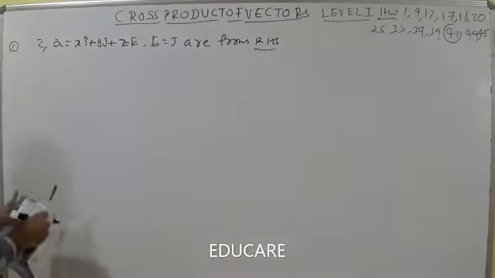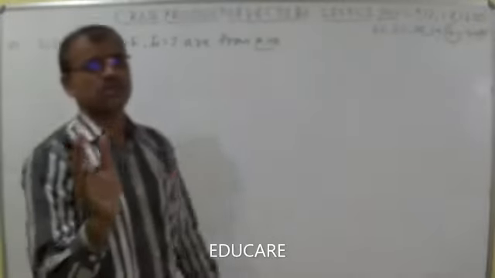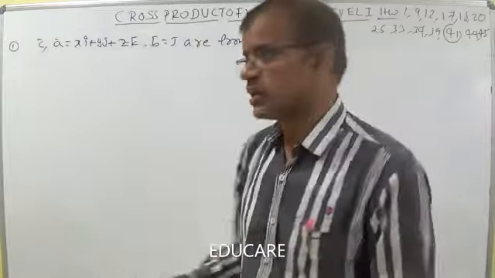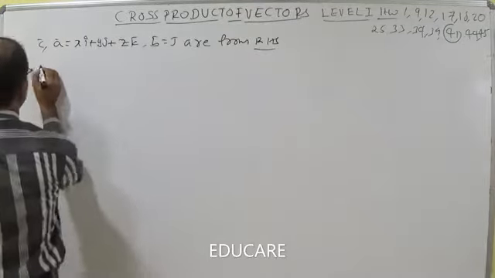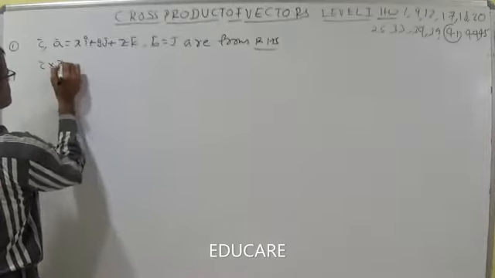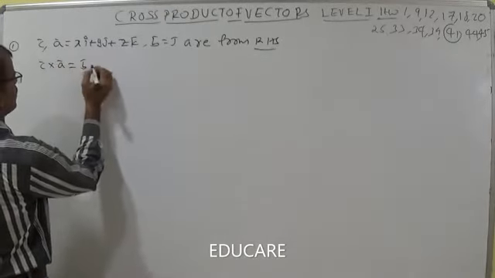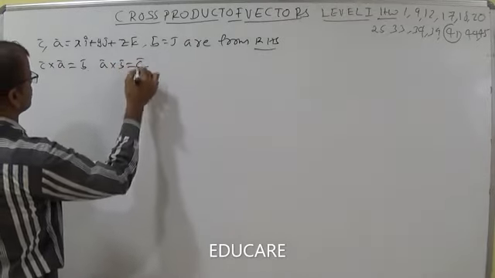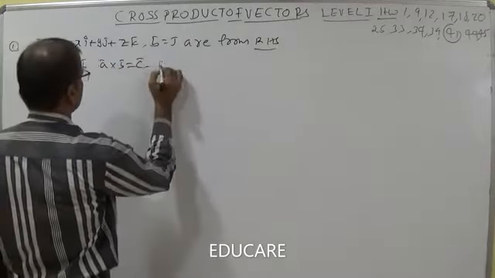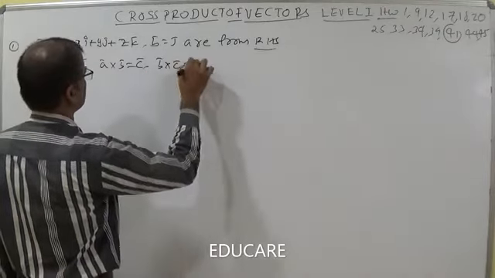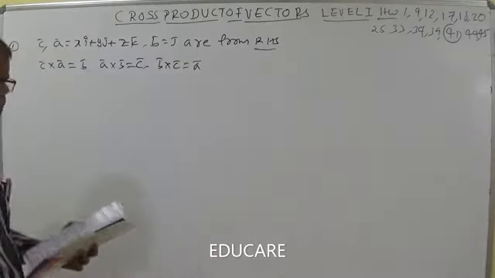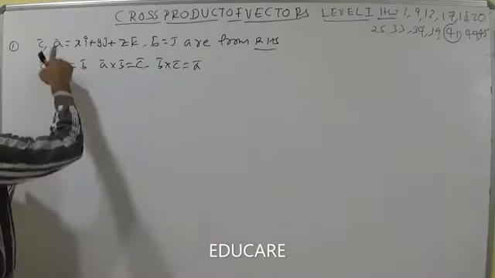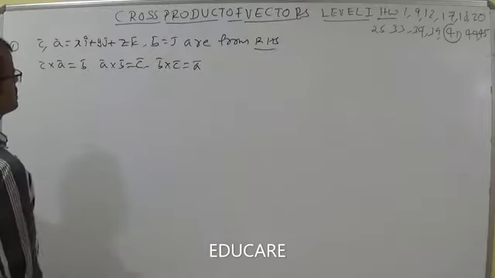We know that in a right-handed system i cross j equals k, j cross k equals i, and k cross i equals j. So here by the RHS concept, first cross second equals third: C cross A, A cross B is equal to C, and last, B cross C is equal to A. According to this, which should we use?